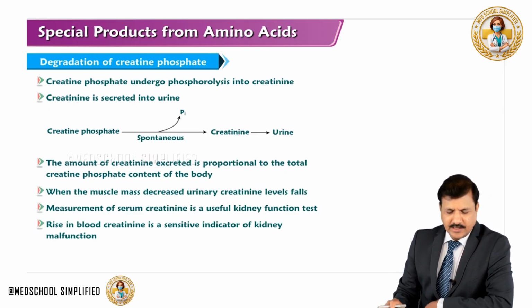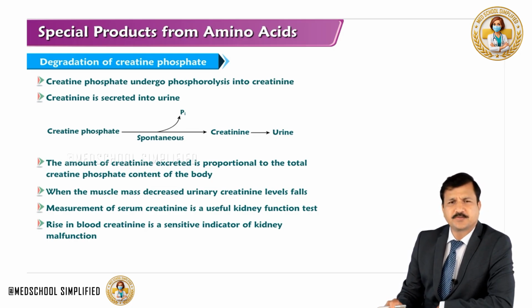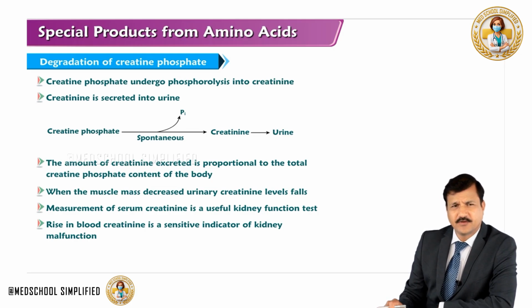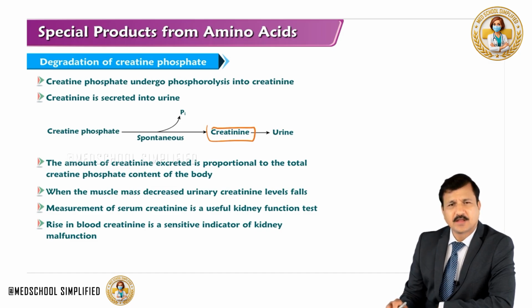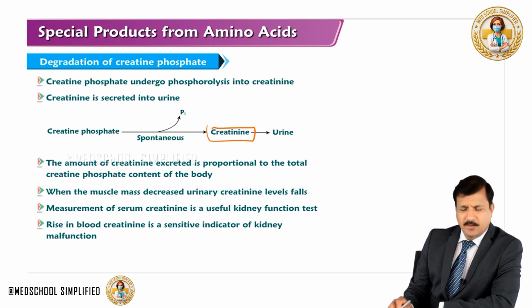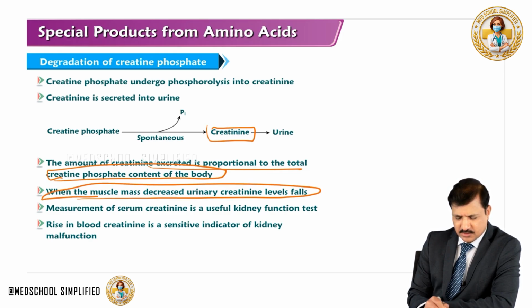Now, when creatine phosphate undergoes degradation, where the phosphate is separated from creatine, the product that forms is creatinine, and this creatinine is excreted in the urine. And the amount of creatinine that is excreted is proportional to the total creatine phosphate content of the body. So that means when the muscle mass decreases, urinary creatinine levels will also fall.